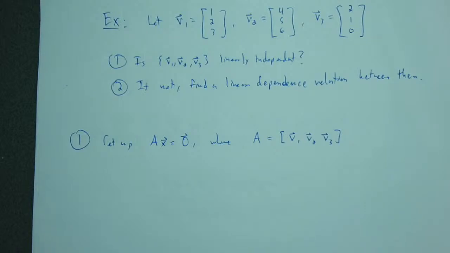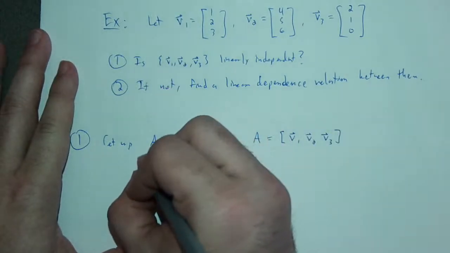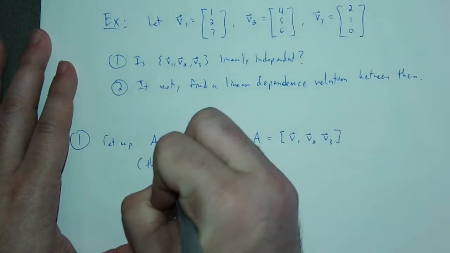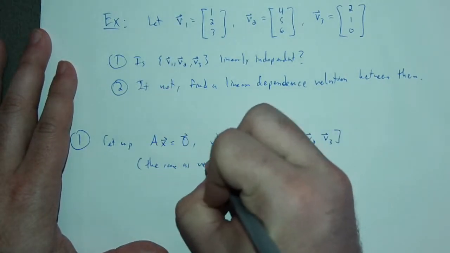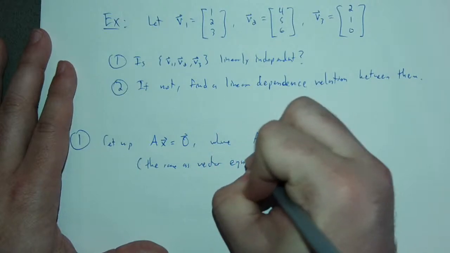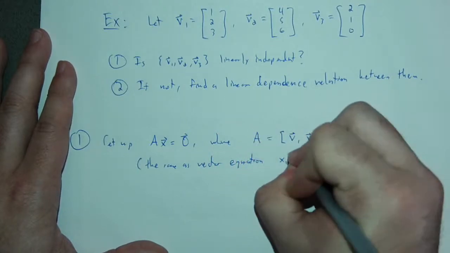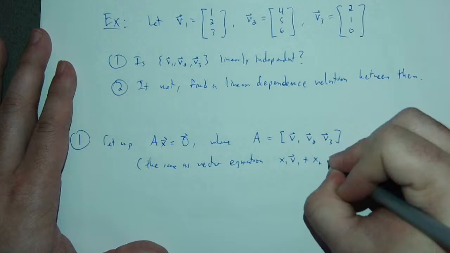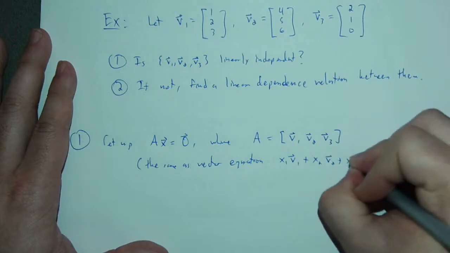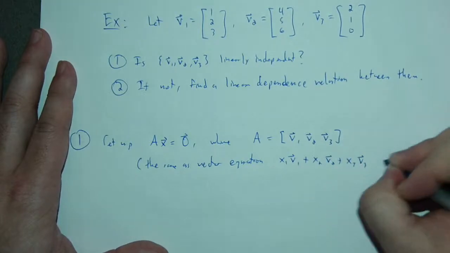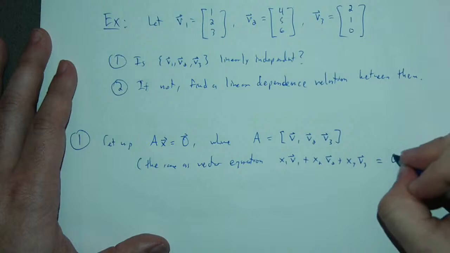This is just another way of saying that I'm setting up the vector equation x sub 1 v sub 1 plus x sub 2 v sub 2 plus x sub 3 v sub 3 is equal to 0.